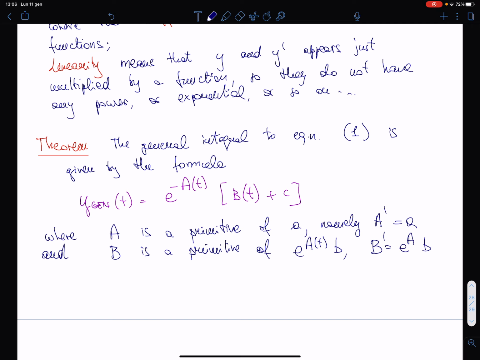Okay, this is the formula you have to learn by heart, basically. Of course, you know that I don't like that you learn something by heart, even though young people have a very good memory. I like you to learn at least a reasoning to reconstruct it. However, this formula is so ugly, so horrible, so lousy that it is not really a pleasure to remember it.